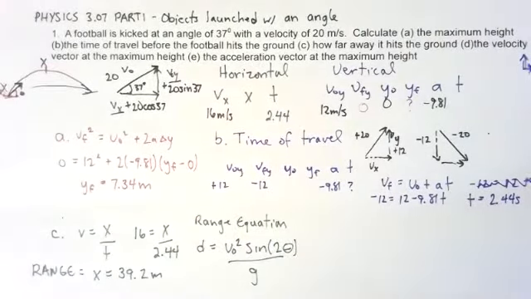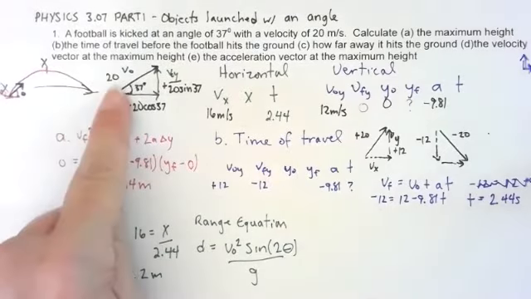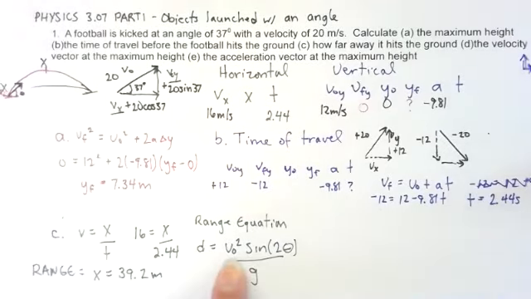Now, the reason this is handy is because you can plug in your initial velocity here. So this is 20. So if I take 20 squared times the sine of 2 times 37 divided by 9.81, it's going to give me this. This is not on your formula sheet, but I always recommend to classes that they plug it into their calculators. Punch that into your calculator and keep it.